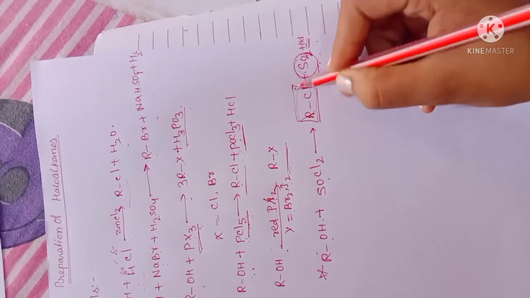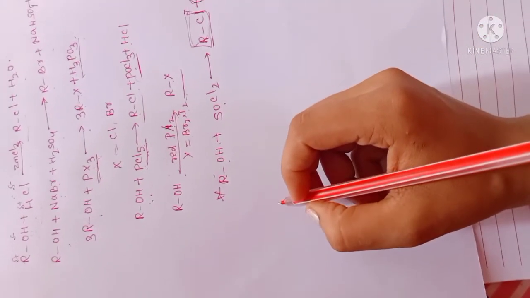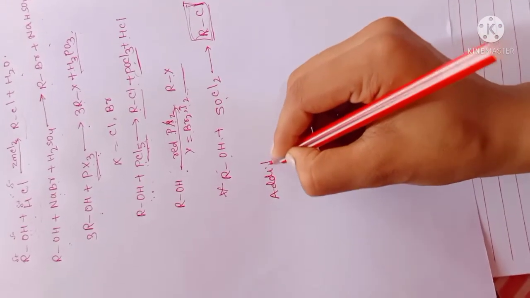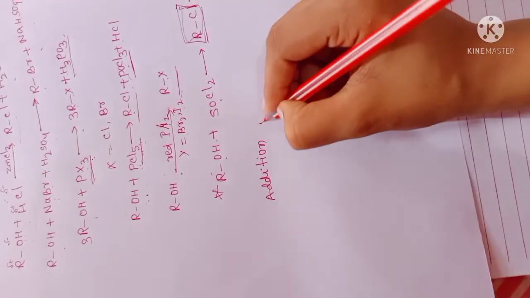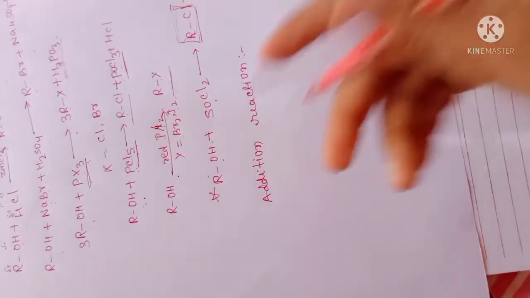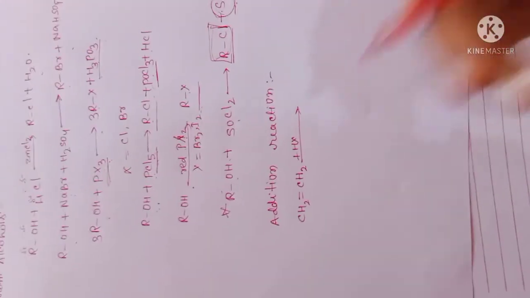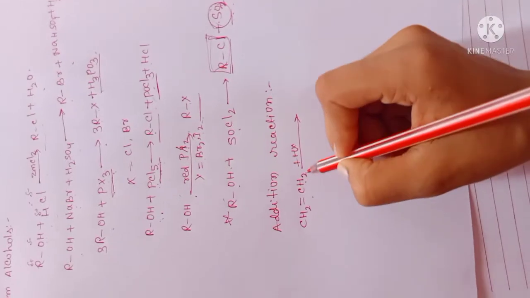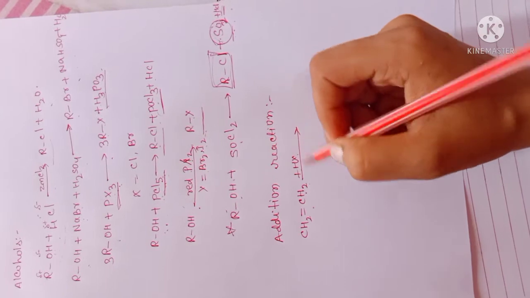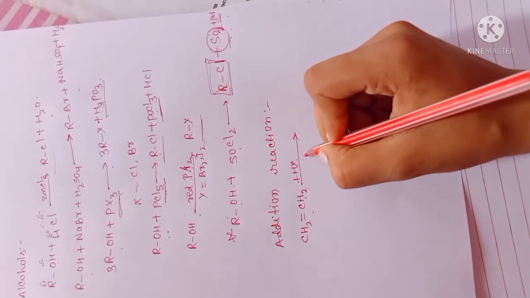Now we will study about addition reaction, addition of halogen. Here we will study the addition of halogen in alkenes. Here CH2 double bond CH2 plus HX, where X is chloride, bromide, or iodide, HX is hydrogen chloride or hydrogen bromide or hydrogen iodide.